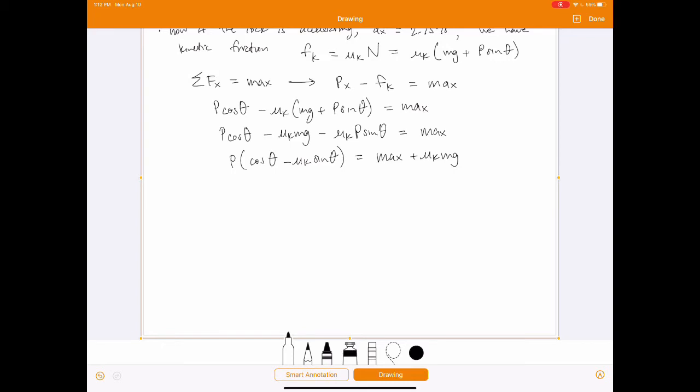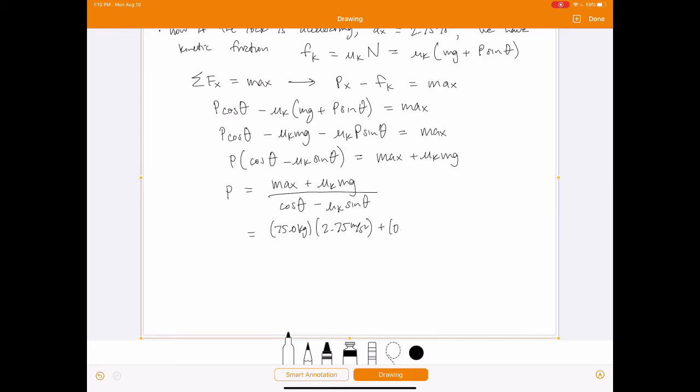Okay, so if we want to solve for P, here it is. I have m times ax plus mu k times mg over cos theta minus mu k times sine theta. That's the force of the push. And if we plug the numbers in, the mass is 75 kilograms. The acceleration was 2.75 meters per second squared.